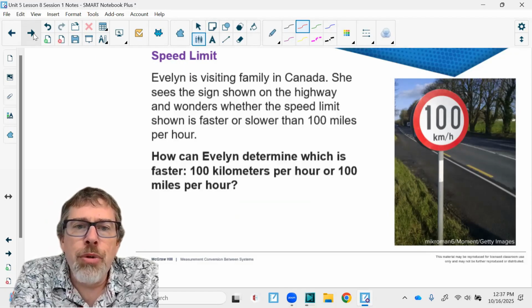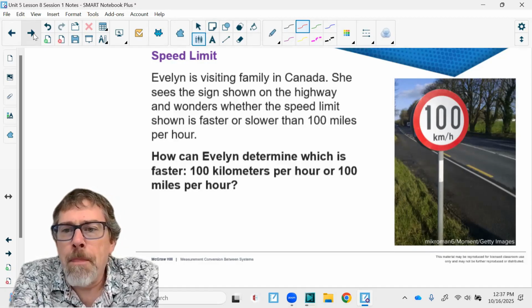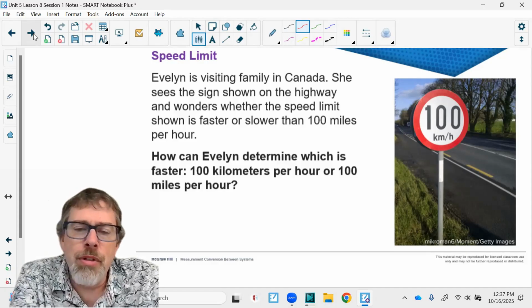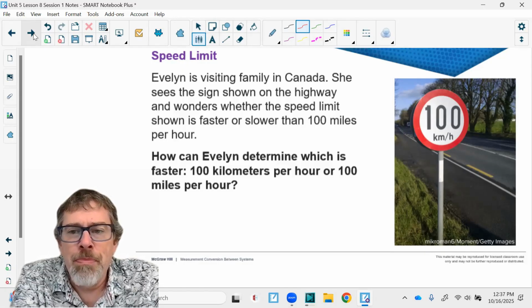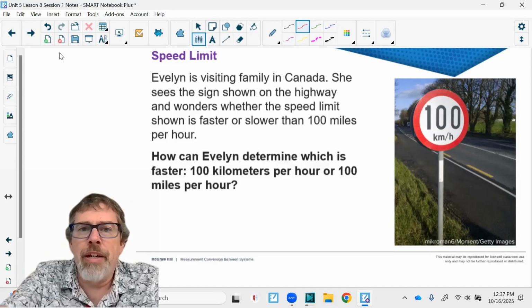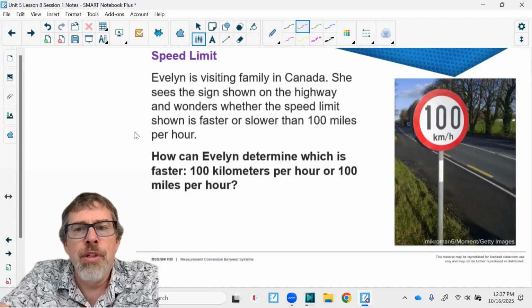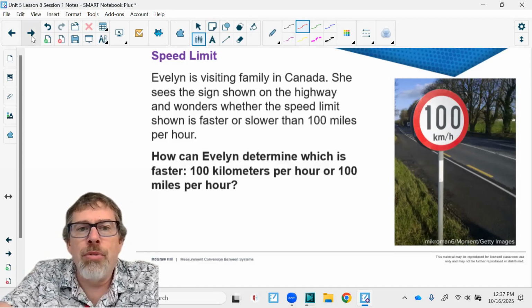She sees a sign shown on the highway and wonders whether the speed limit shown is faster or slower than 100 miles per hour. So is 100 kilometers per hour faster or slower than 100 miles per hour? That's the question. How can Evelyn determine which is faster? Well, Evelyn could make a conversion if she knew the equivalent values.